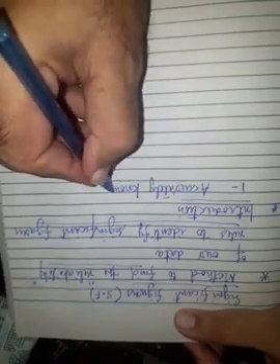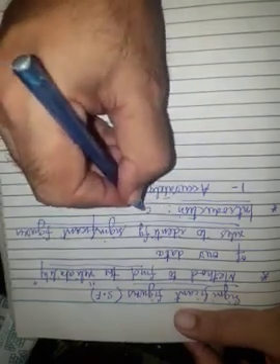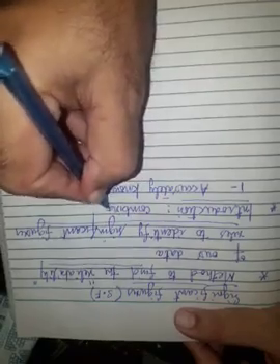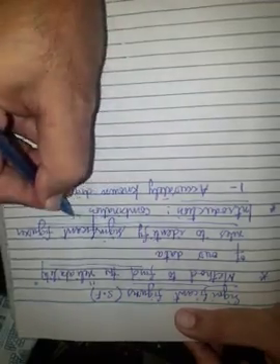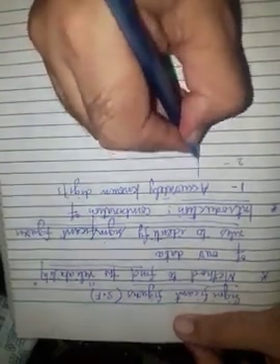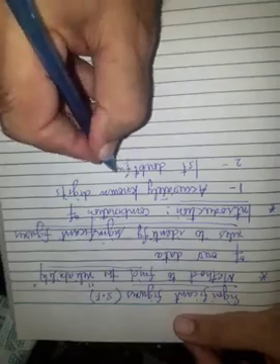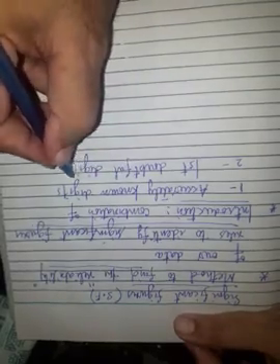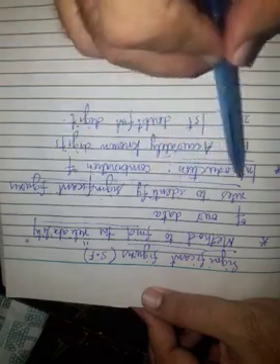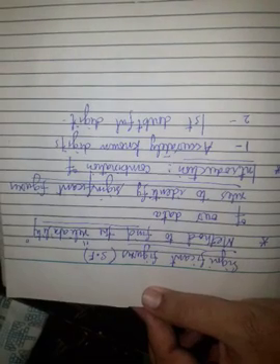It is a combination of number one, accurately known digits, and number two, the first doubtful digit. Again, what is significant figures? It is the combination of accurately known digits and the first doubtful digit.